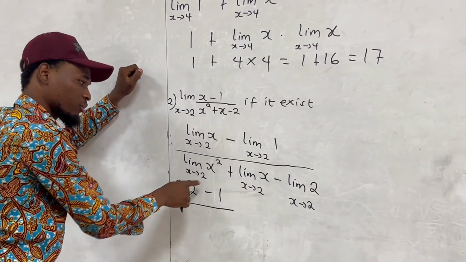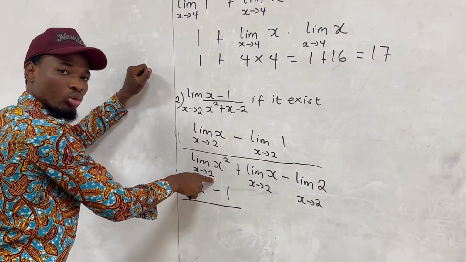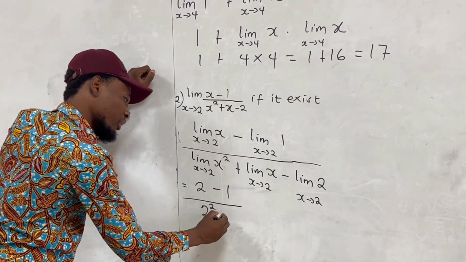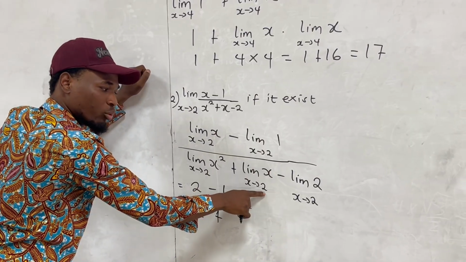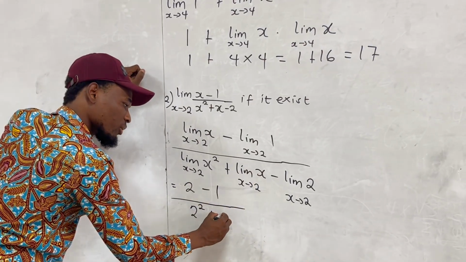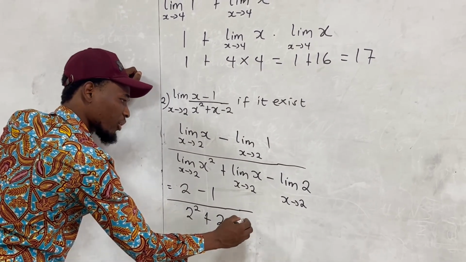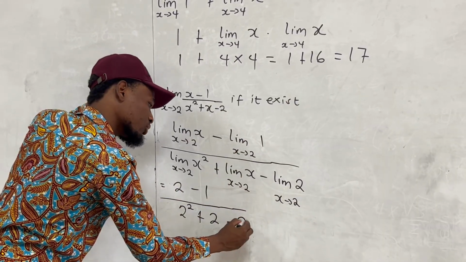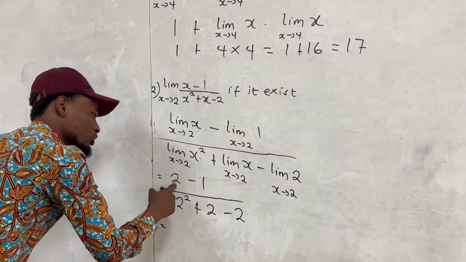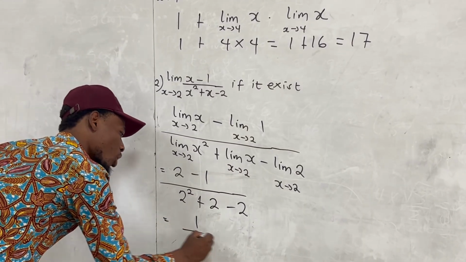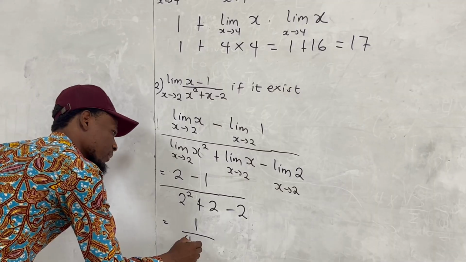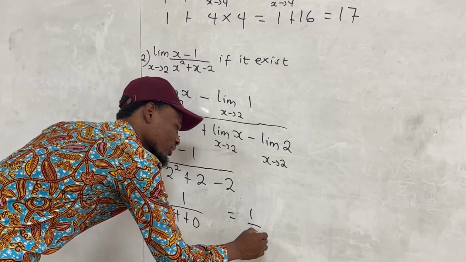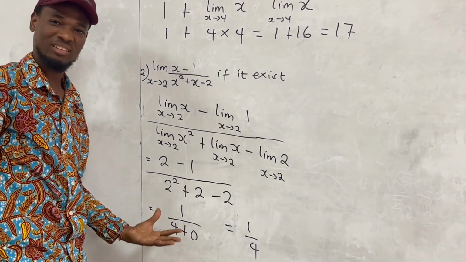All over, wherever I see x, I put 2 there, so I have 2 squared, plus 2, minus 2, since the limit of a constant is always the constant. So 2 minus 1 gives 1, all over 4 plus 0. The answer is 1 on 4. See how simple it is.